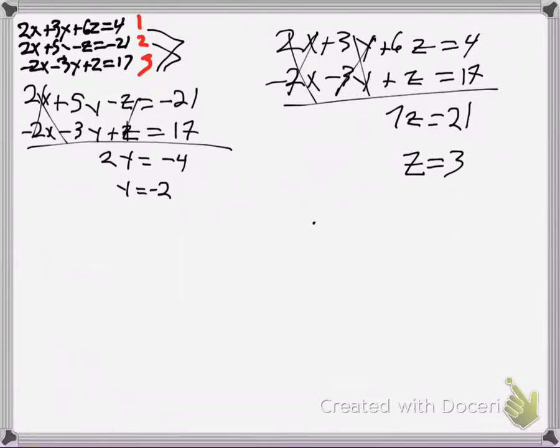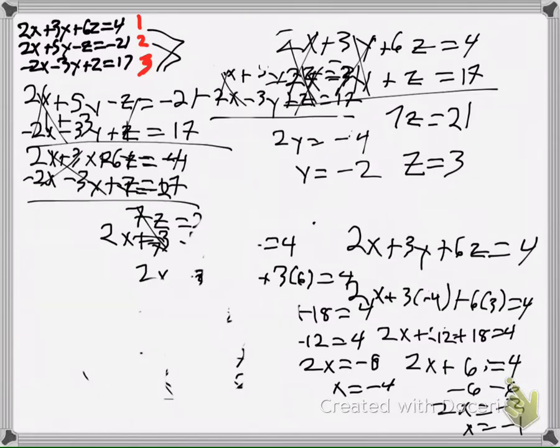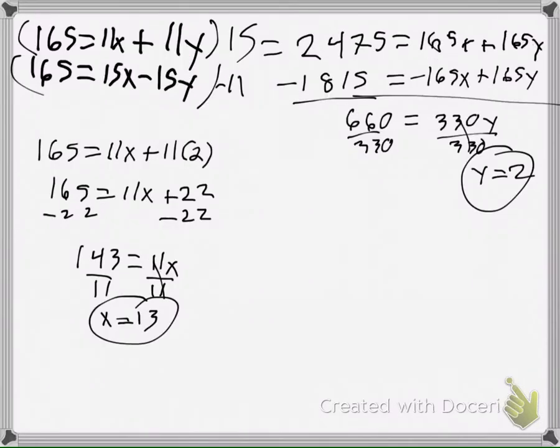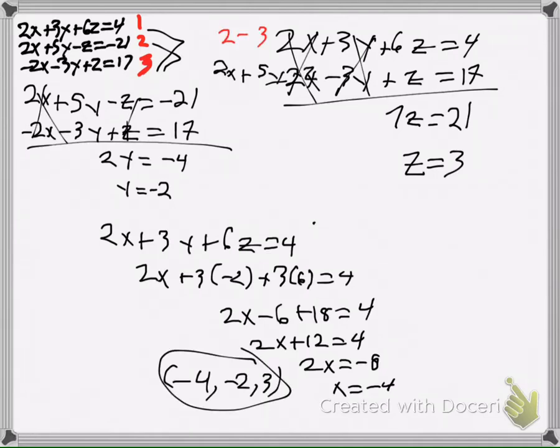So now that we have z and y, plug it back into one of the top equations, solve for x. And we get negative 4 and negative 2.